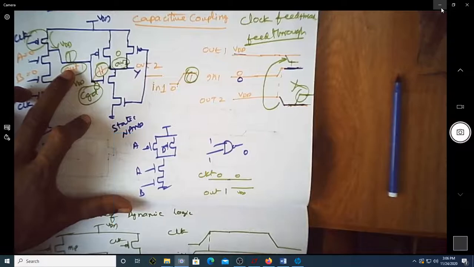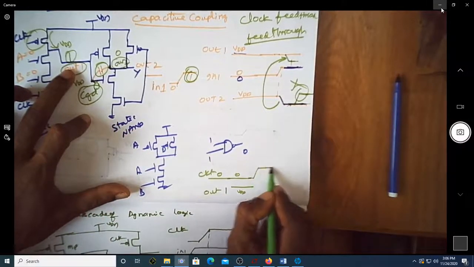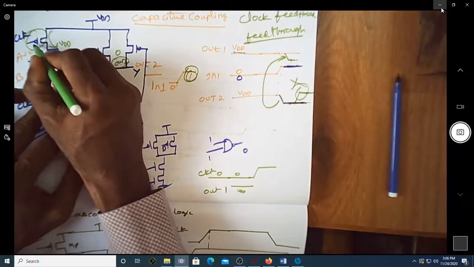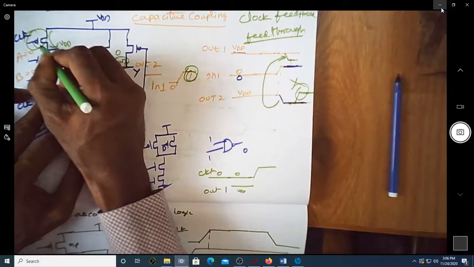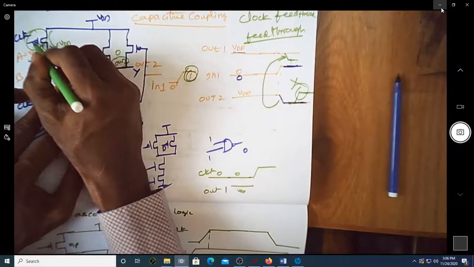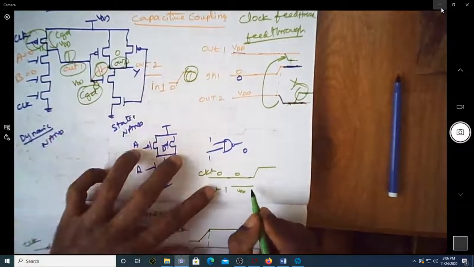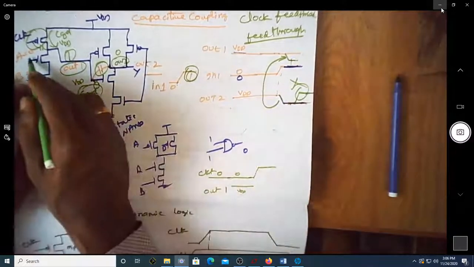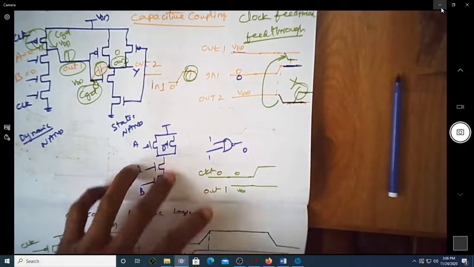Now as soon as the clock becomes 1 here, again due to this capacitive coupling, you can see there is a gate and there is a drain, there is a capacitor CGD. Because of this CGD, the output which was there, assume that this is still 0, and it should continue at 0.